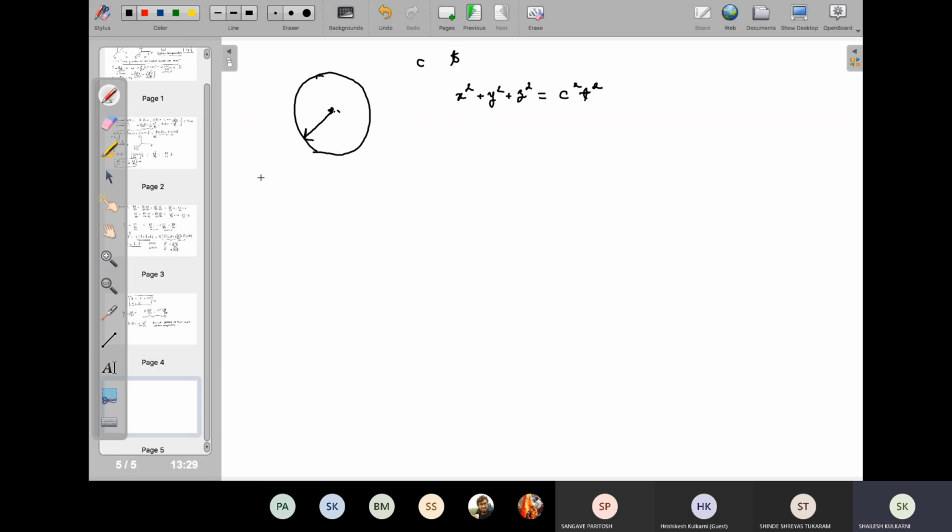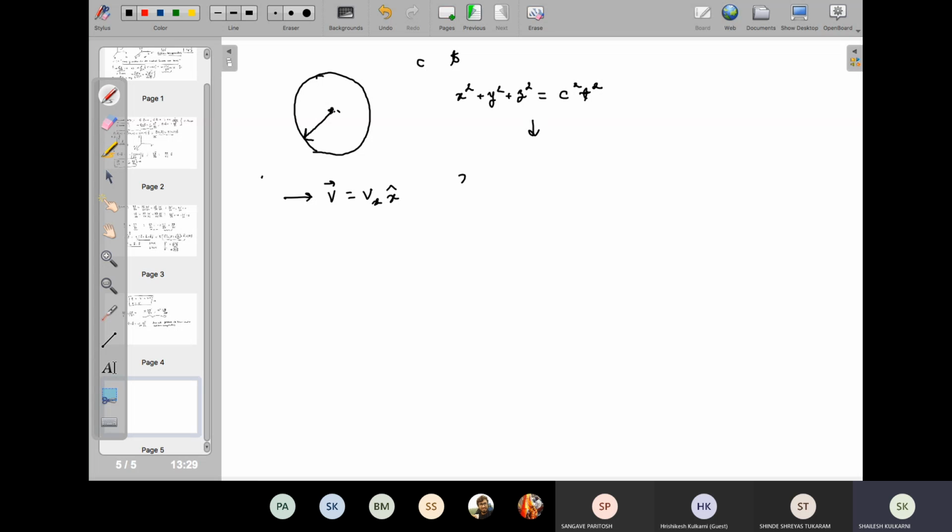Now suppose I consider an observer which is moving with velocity v, say along the x-axis. What kind of wave will this observer see? Then you need to transform this equation according to the Galilean transformations.